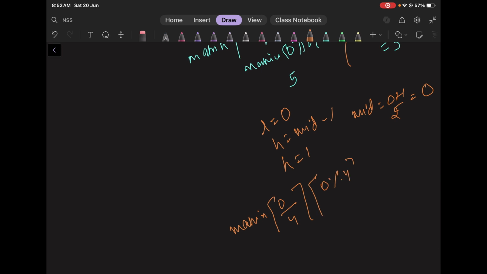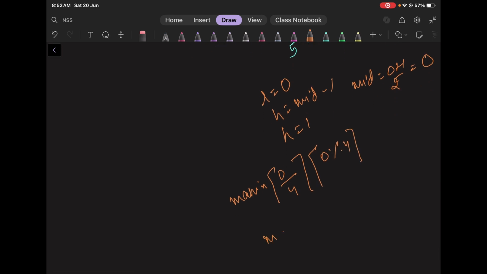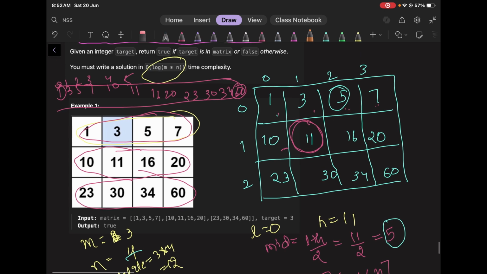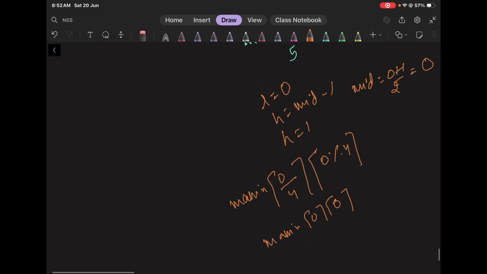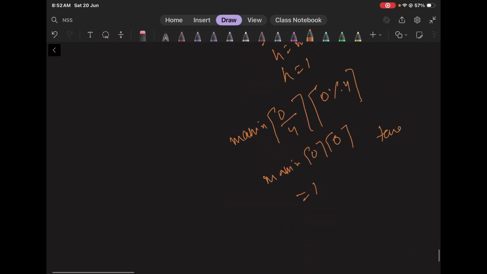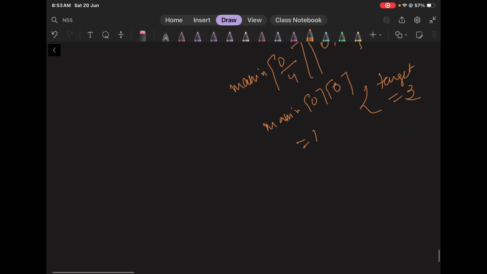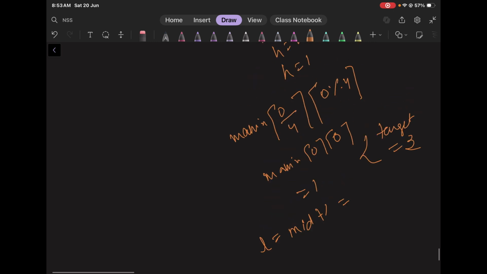Now I calculate matrix of 0 by 4, and 0 modulo 4. This turns out to be matrix of 0 comma 0. So this matrix of 0 comma 0 is 1. So I have 1 over here, and my target, which was 3, is greater than matrix of ij. So what I do, I update my low as mid plus 1.